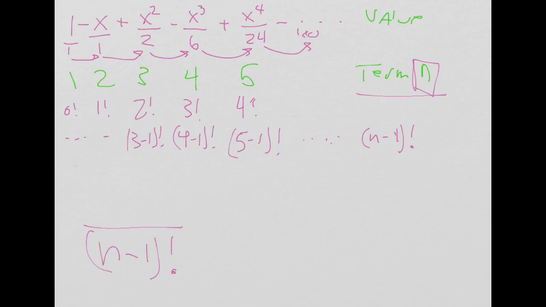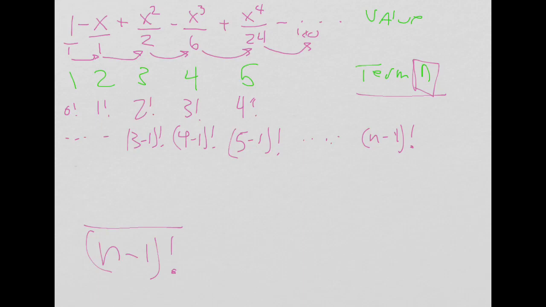Now let's look at our numerator. The numerator pattern is easier to see than the denominator. Notice that it's increasing by a power of x each time, but also notice that the sign is changing each time. Negative x goes to x squared goes to negative x cubed, negative x cubed goes to positive x to the fourth.